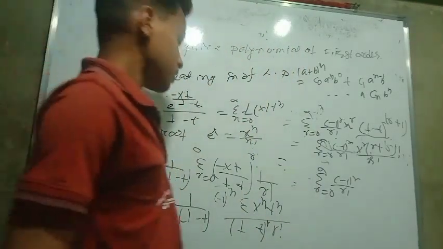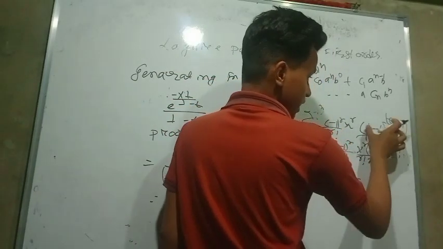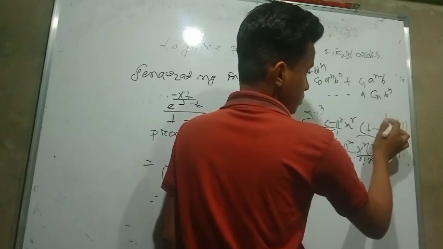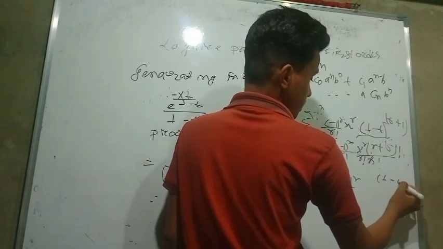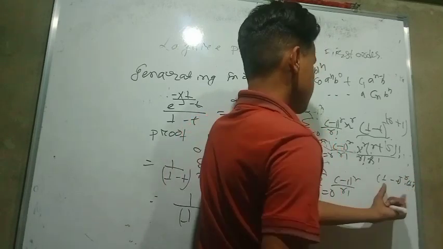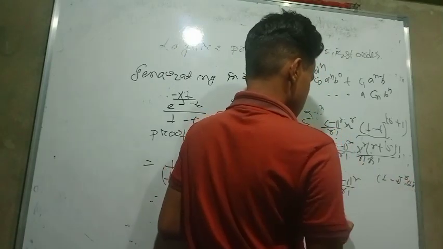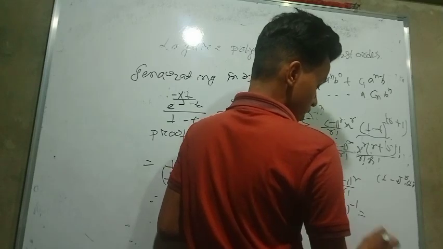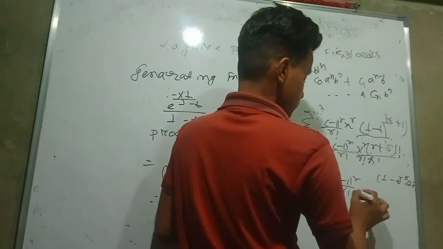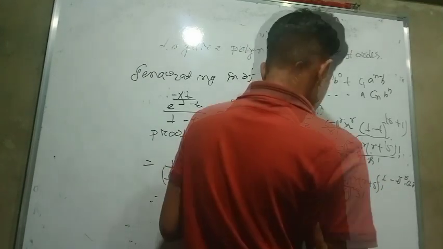Since after that it will come as r plus s, it gives a double term, because when you write it, it gives 1 minus t to the power r into 1 minus t. So r factorial for this, and s factorial in the denominator, and r plus s factorial upon r factorial whole square.